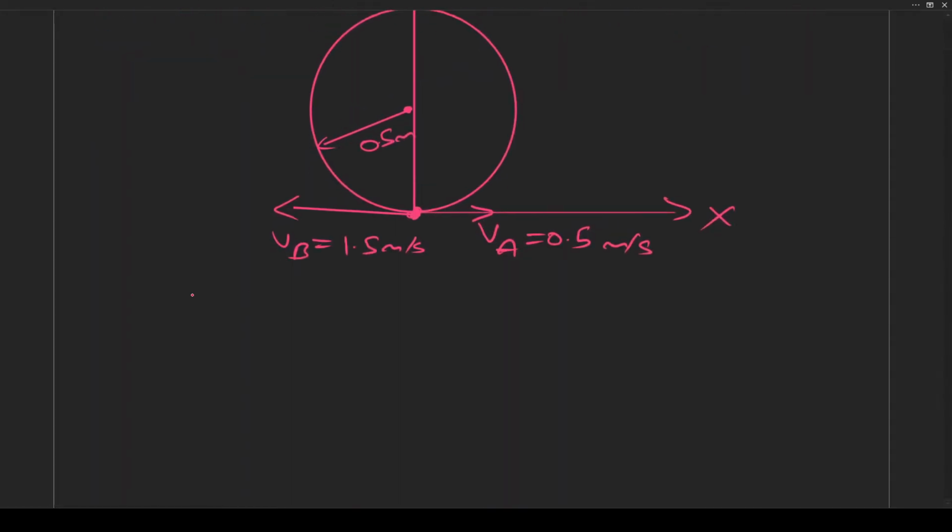Now the options given. Actually, let's just find the answer here. 0.5t plus 1.5t is equal to 2 pi r.